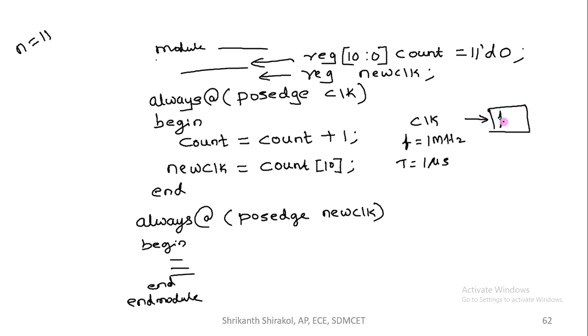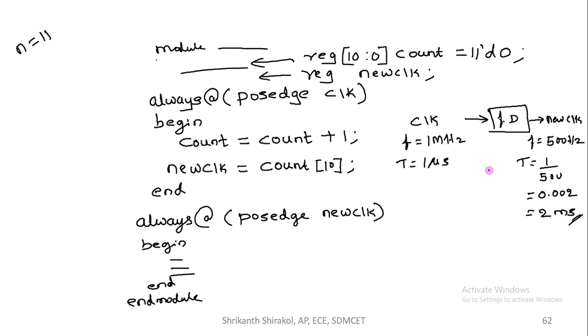Here after frequency division, the output will be new clock, whose frequency is 500 hertz, which will give you T equal to 1 by 500, which is 1 by 5 is 2.002, if I'm not wrong. Let me just check. Or else let me write it as 2 into 10 raised to minus 3, which is 2 milliseconds.